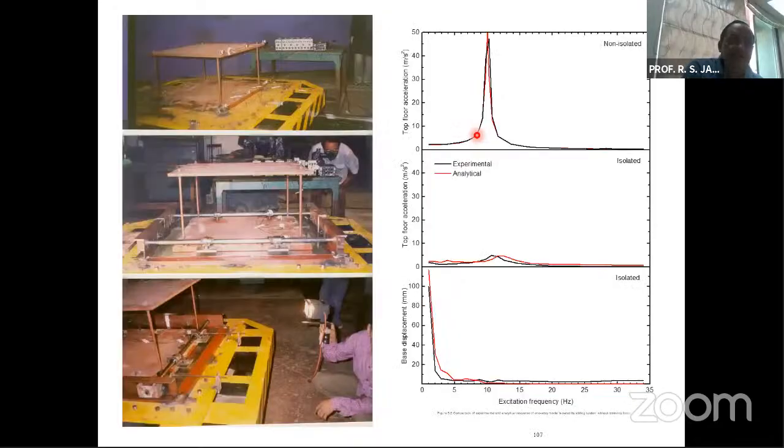These are the shake table tests one can see here. This is the model with no isolation system. This is a model with a sliding isolation system, but no restoring force. And this is a model in which there is a sliding isolation system along with a restoring force, and the restoring force is provided with the help of these cantilever rods.